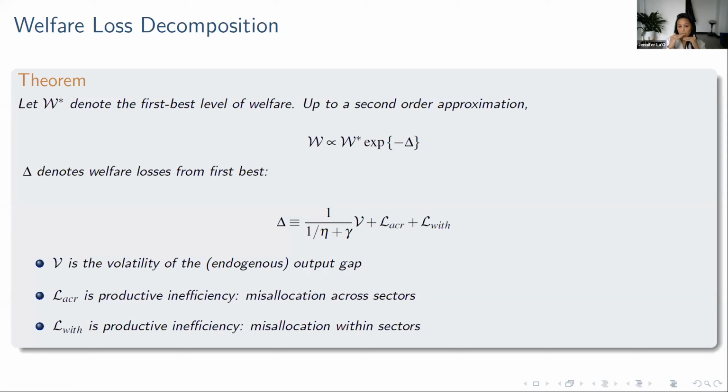And then how do you make sure that the other sector is not misallocated? Well, if the other sector is more flexible, then it can move in the efficient way with the relative productivity shocks.